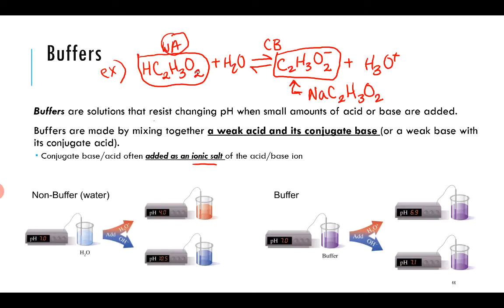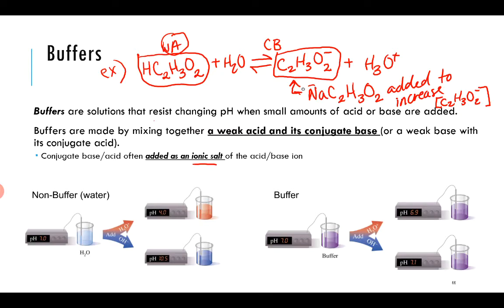And then we can have almost equal amounts of my weak acid and my conjugate base. So I'm adding extra of an ionic salt to increase the molarity of this conjugate base.